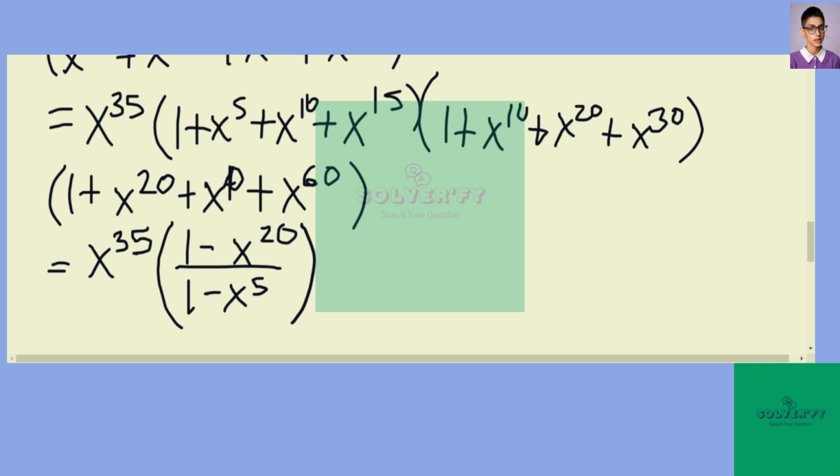While we could do this by hand, the easiest way is just going to be to use a computer algebra system.